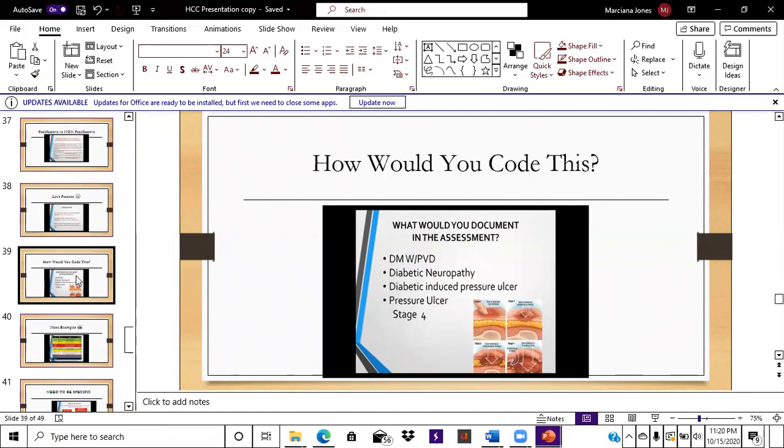What would you document in the assessment? Diabetes with peripheral vascular disease, diabetic neuropathy, the diabetic induced pressure ulcer, and then the pressure ulcer stage 4.